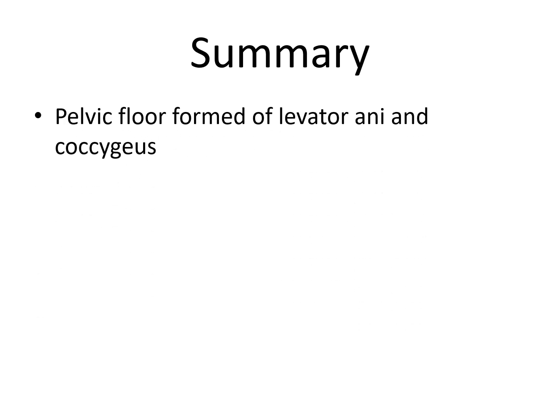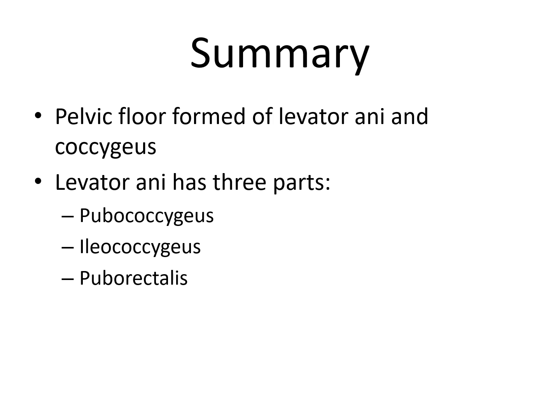In summary, we talked about the pelvic floor, which is formed of levator ani and coccygeus. We talked about the parts of the levator ani: puborectalis, which may have other parts like pubovaginalis and sphincter urethrae; then pubococcygeus, which is the main part, and the iliococcygeus, which is a narrow part.